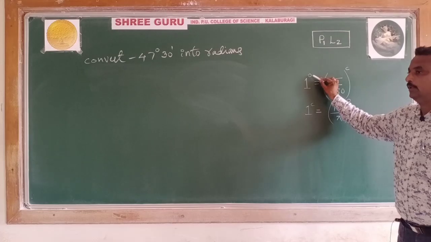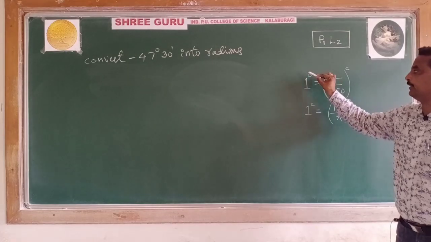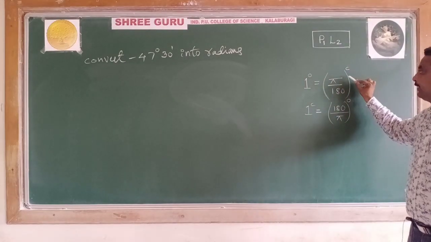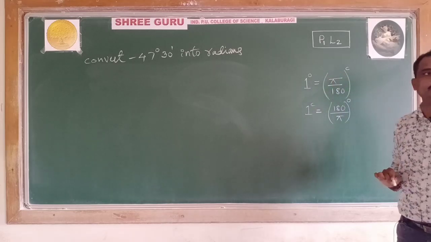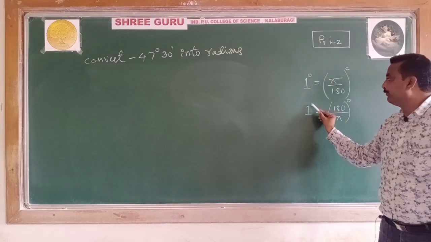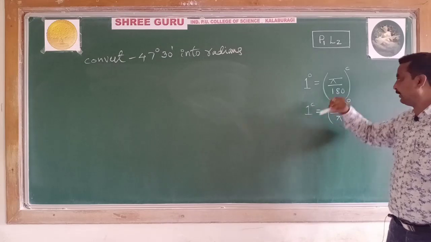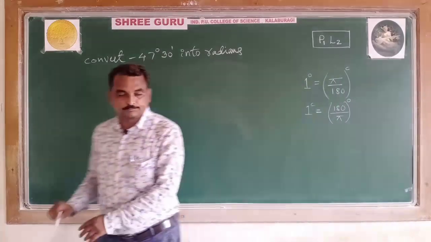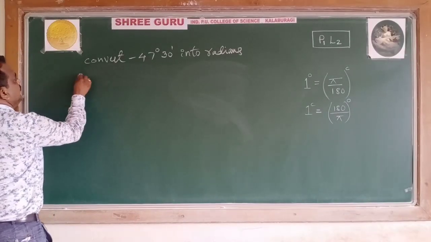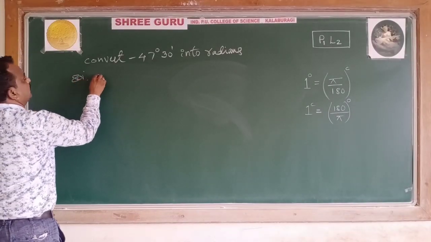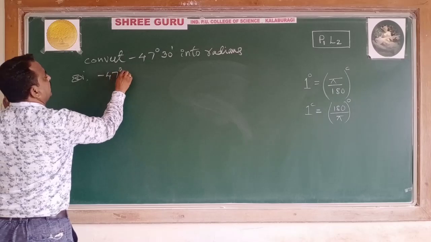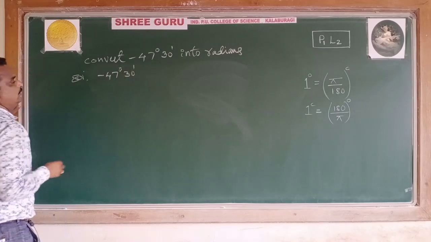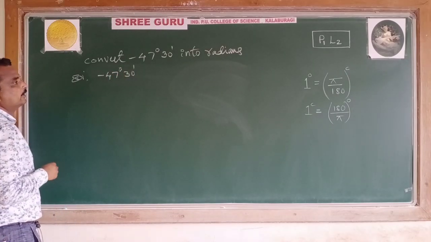Convert any angle: if it is measured in terms of a degree, you have to convert in terms of radian, you have to multiply by pi by 180. If it is in terms of radian, to convert in terms of a degree, you have to multiply by 180 by pi. Let us see this one. The question is minus 47 degree 30 minute, convert in terms of a radian.